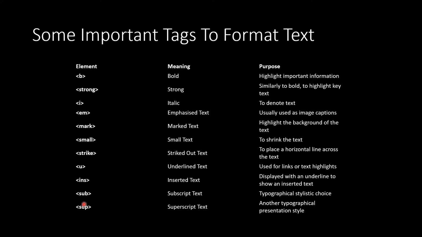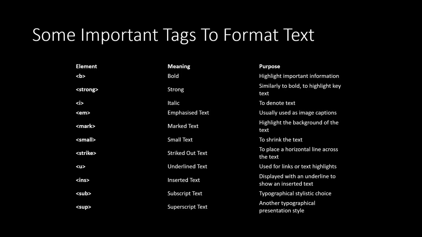And these sub and sup tags, subscript and superscript tags, are used like we write H2O in chemistry. So the 2 in H2O is subscript text, and like (a+b) whole square, in which the 2 is superscript text. So we will see how our web browser will display and format text according to these tags.